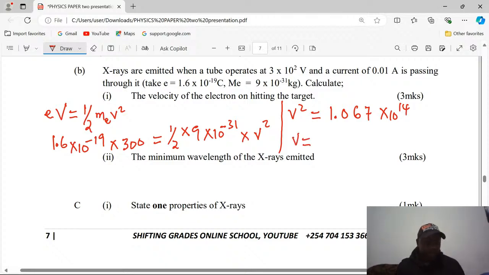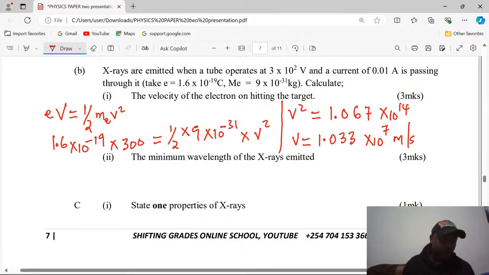And so we get 1.033 times 10 power 7 meters per second. This will be the speed of an electron.